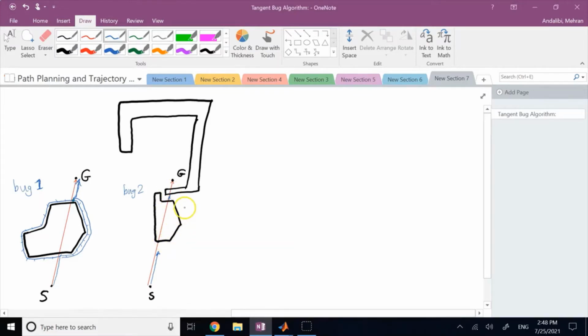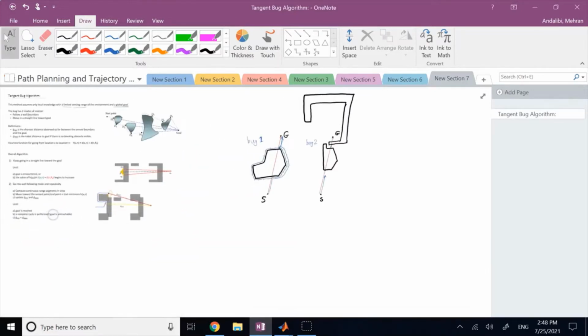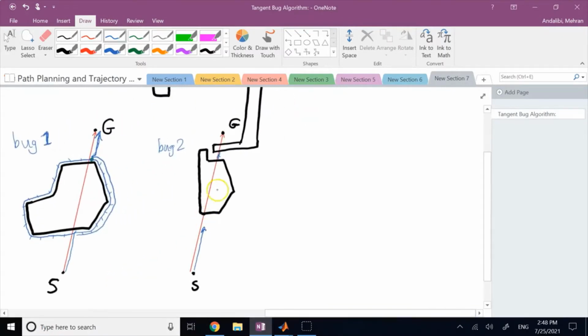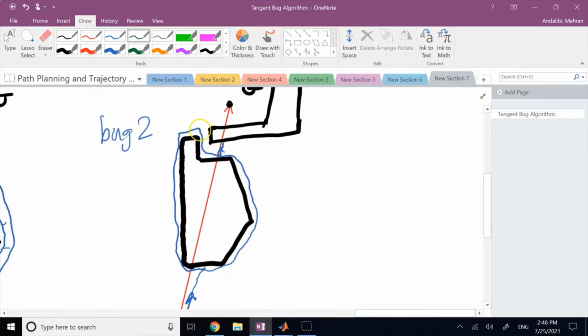and that's like this second example I made for you. So here, if you want to go from start to goal using Bug 1, you go all around, right? And you measure all of the distances, and then you remember, well, it was here that I was the closest to the goal.